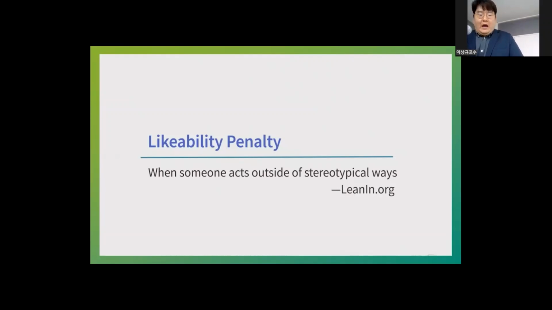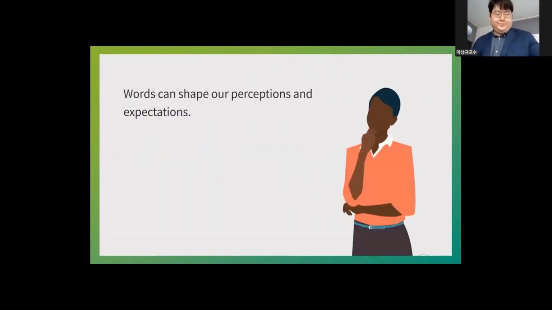Language is powerful in that regard, right? Words can shape our perception and expectation. Our perception tends to see folks as feminine or masculine, and when folks do not match our expectations, we tend to describe them with penalizing words such as weak, strong, or high maintenance.